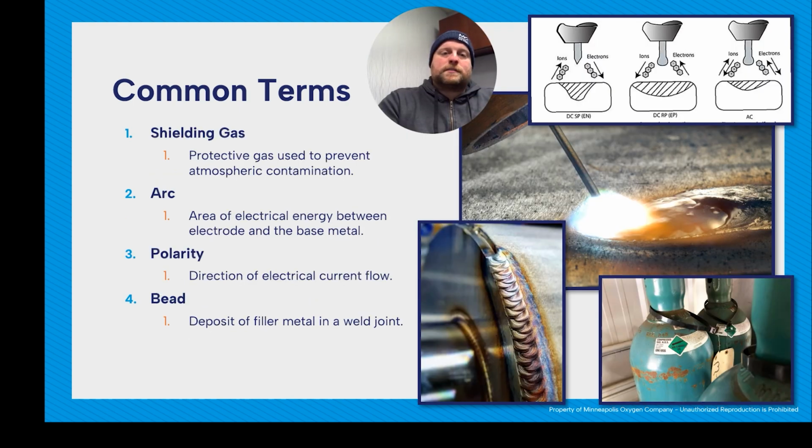All right, some more common terms. Shielding gas, MO2's primary business. It's a protective gas used to prevent atmospheric contamination. Many different types of shielding gases have been used in the day. Let's take TIG, for instance. That started out as a type of welding process called heliarc because helium was used. Helium is still used in TIG, especially if you're doing thicker aluminum, things like that.